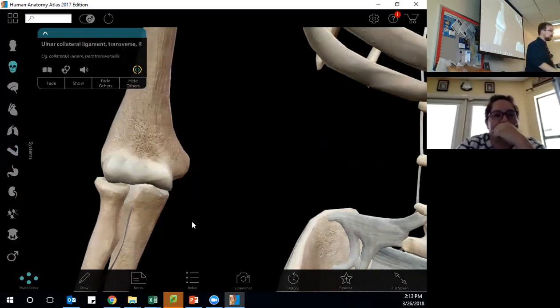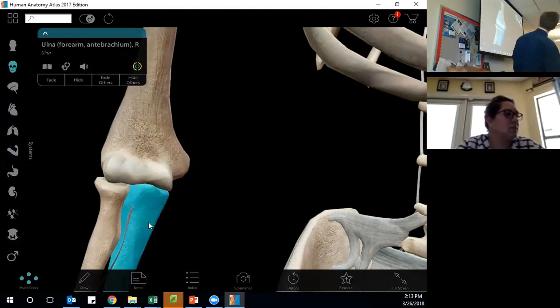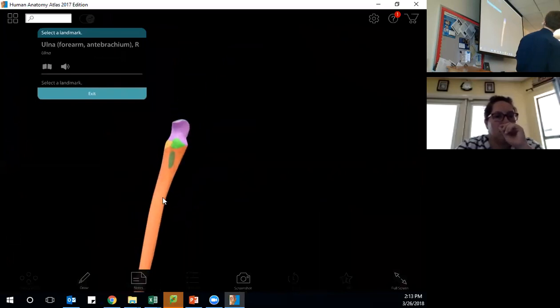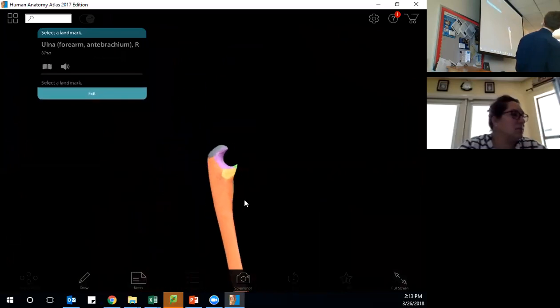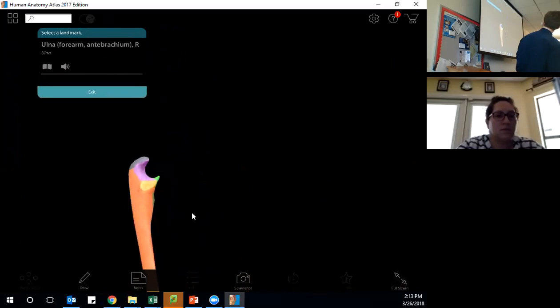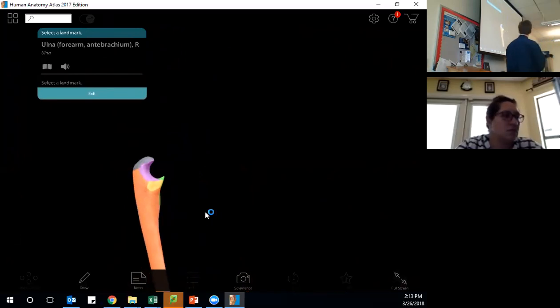Okay? So let's grab that a little bit. We're going to grab the ulna. So there you go. That's your ulna. That's your elbow. That's this, sitting right here. So the olecranon drops from the back side of it.